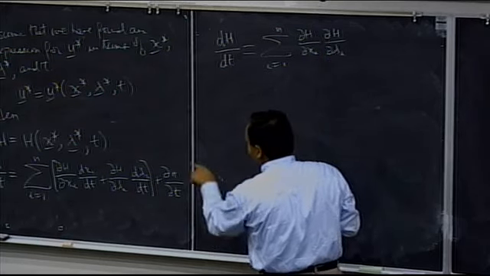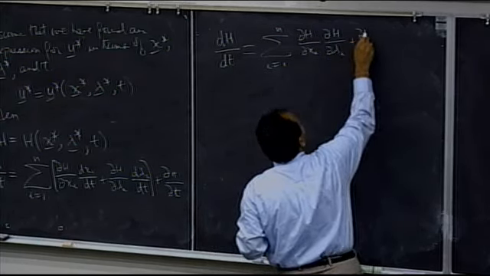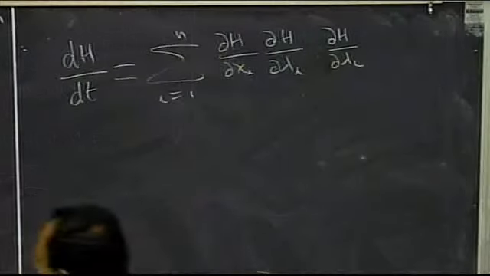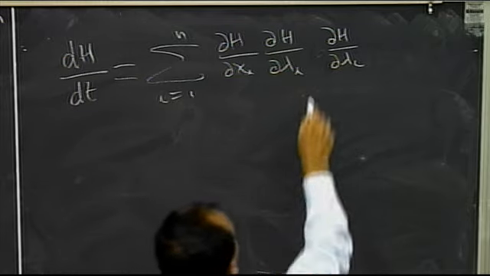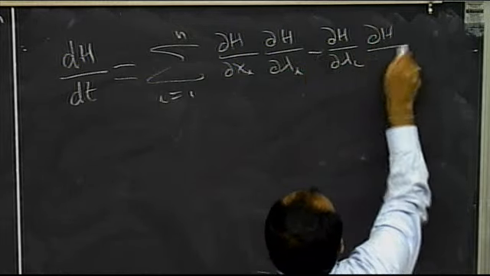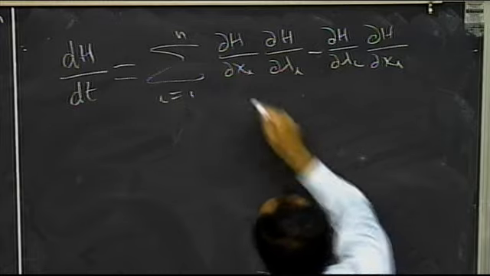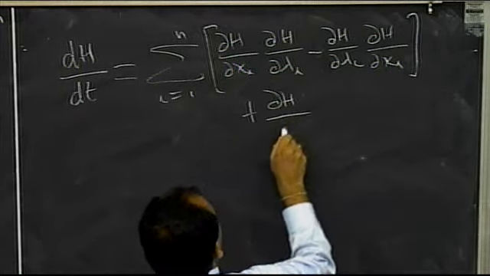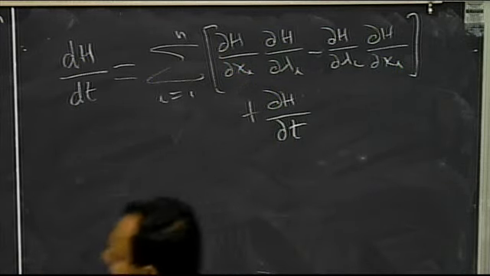And then I get the partial of h with respect to lambda i, but you'll see that d lambda i dt is minus dh dxi, so I get minus the partial of h with respect to xi, and then I've got this other term over here, plus the partial of h with respect to t.